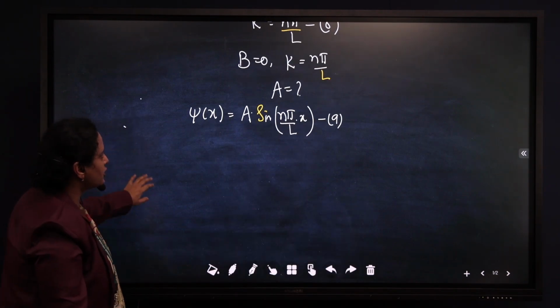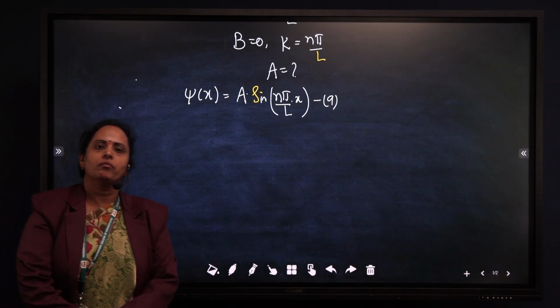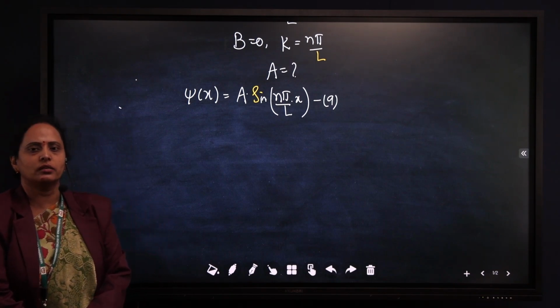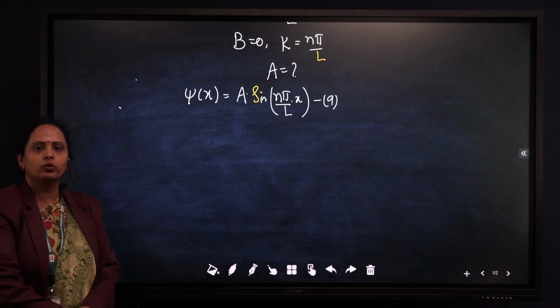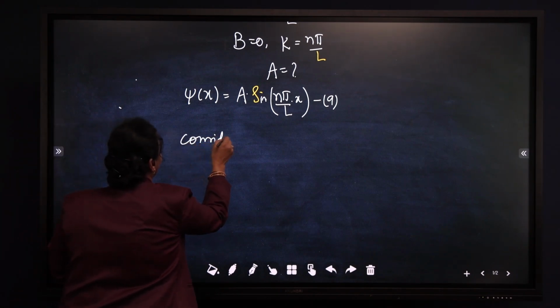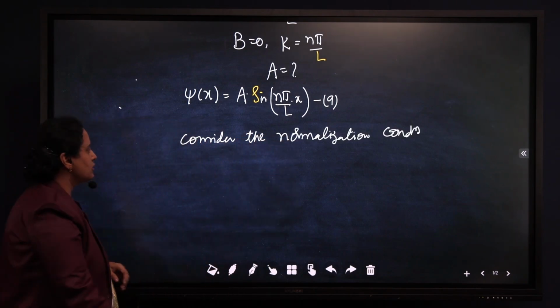Now Schrodinger suggested, even after applying the two boundary conditions, if you are still unable to calculate the unknown constant, to consider the normalization condition. What is the normalization condition?